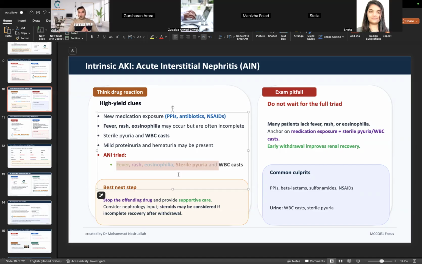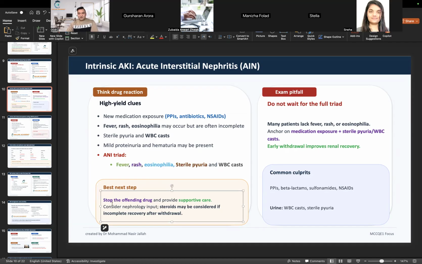That makes it a little bit hard to differentiate from other types of acute kidney injury. But just remember, recently starting PPI, antibiotics, non-steroidal anti-inflammatory drugs, WBC cast, think about acute interstitial nephritis. But I'm just saying they usually make it easy for you guys and will mention all of them. But if you don't see it, don't be shocked. Okay, don't be shocked. They might not.